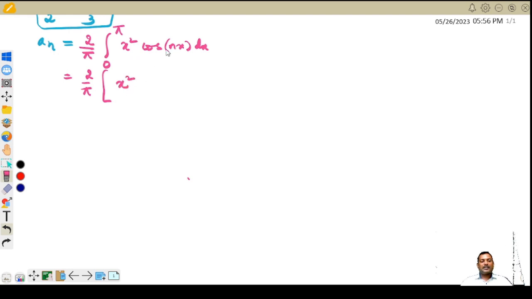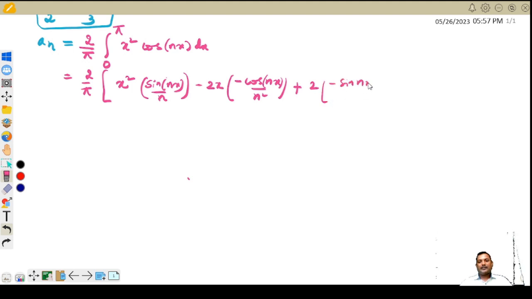First function x square, integration of cos nx is sin nx divided by n, minus differentiation of x square is 2x, double integration of cos nx is minus cos nx divided by n square, plus differentiation of 2x, that is 2, into again one more integration of minus cos nx by n square is minus sin nx by n cube, between the limits 0 to pi.